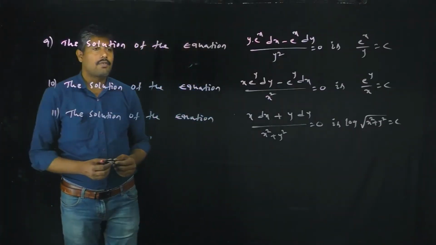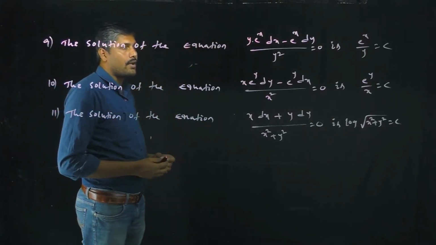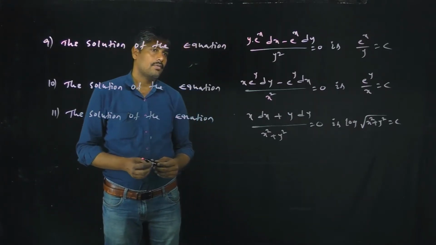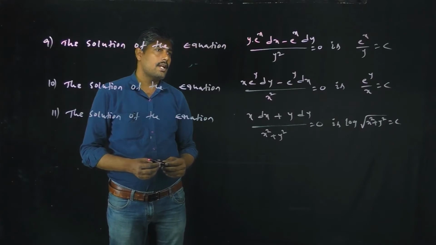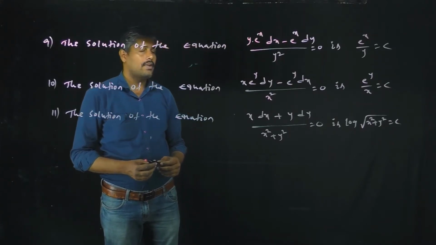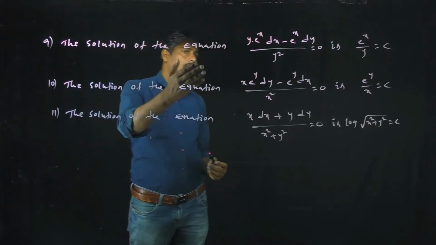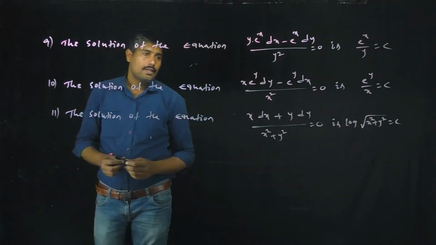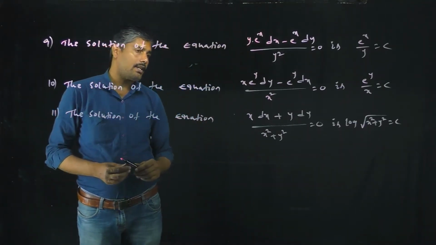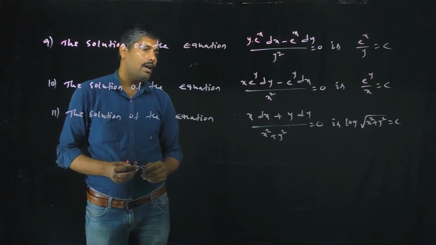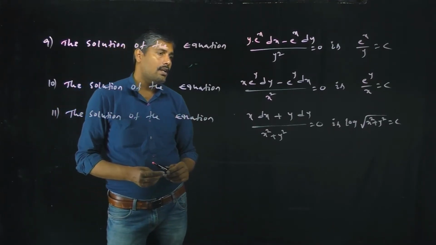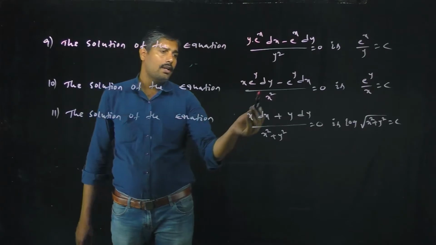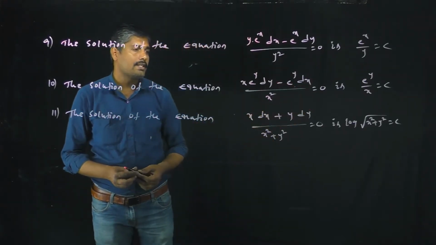Given the differential equation (y eˣ dx − eˣ dy)/y² = 0, we get the solution eˣ/y = c. Suppose the given differential equation is (x eʸ dy − eʸ dx)/x² = 0.